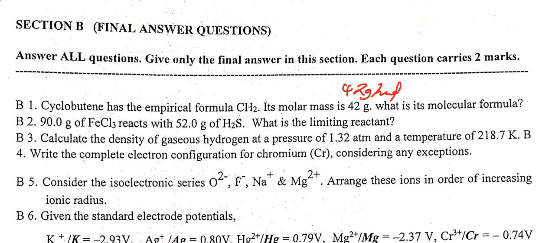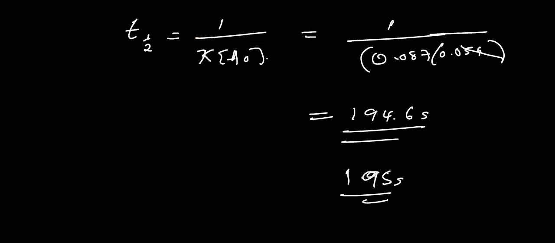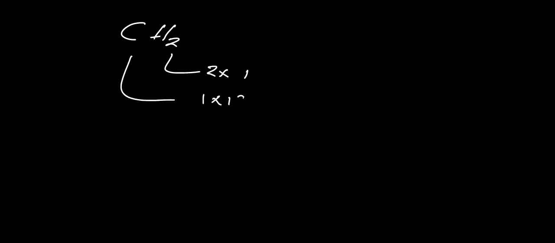So cyclobutane has this empirical formula. We want to get the actual molecular formula. How do we get it? You get the mass of the empirical formula, CH2, which gives us 2 plus 12, that gives us 14, right?